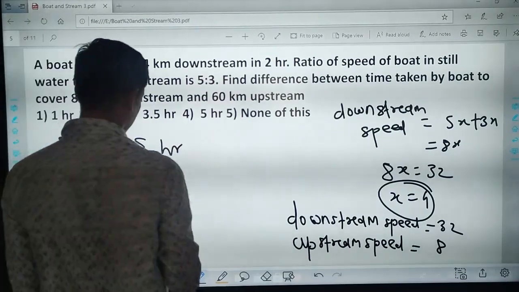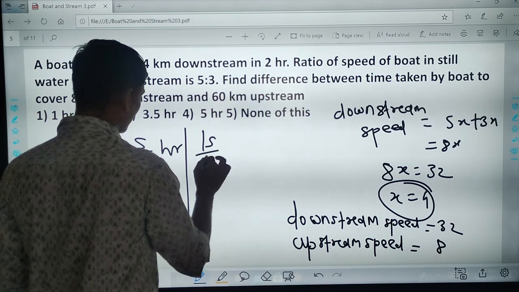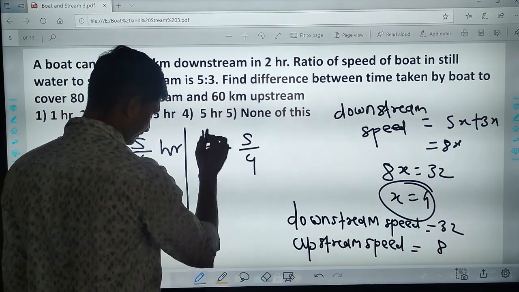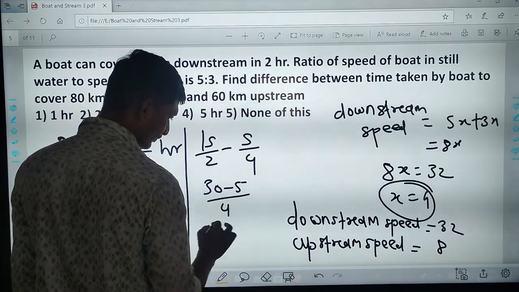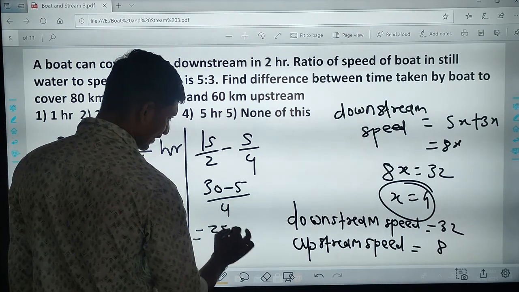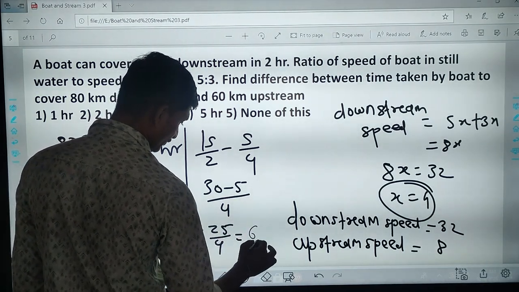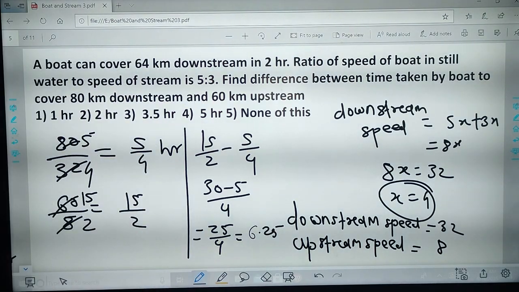Now the difference between these two times, 15 divided by 2 minus 5 divided by 4, that is 30 minus 5 divided by 4, that is 25 divided by 4, 6.25 hours.